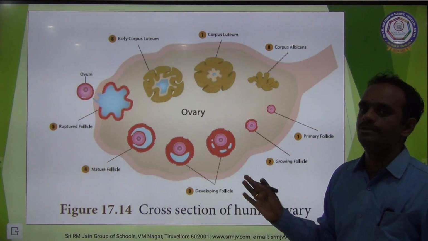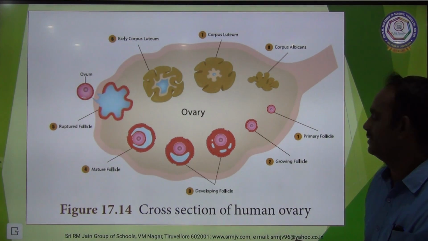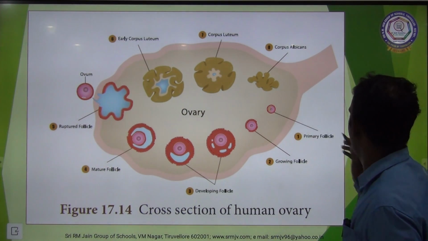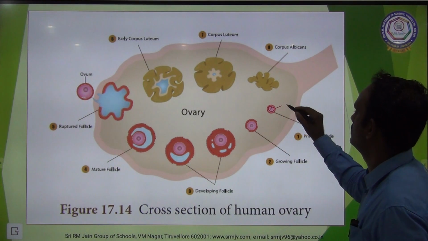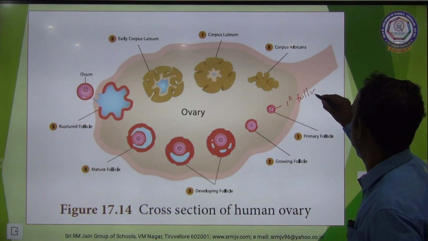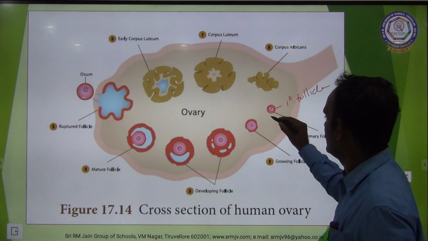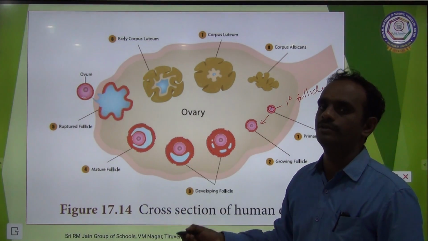See the enlarged picture of the cross section of the human ovary. See here, the egg is surrounded by the primary follicle. This is the primary follicle. As the egg enlarges in size, the primary follicle also grows.